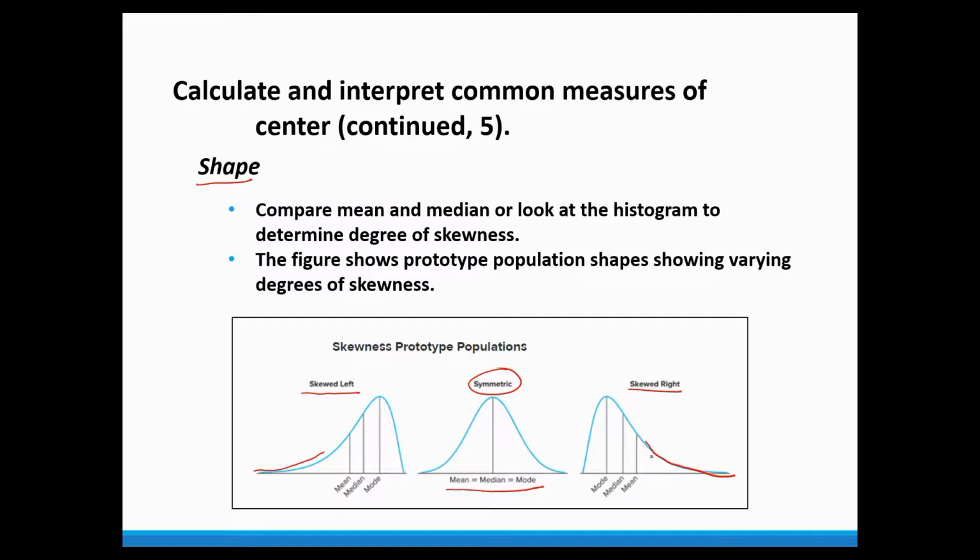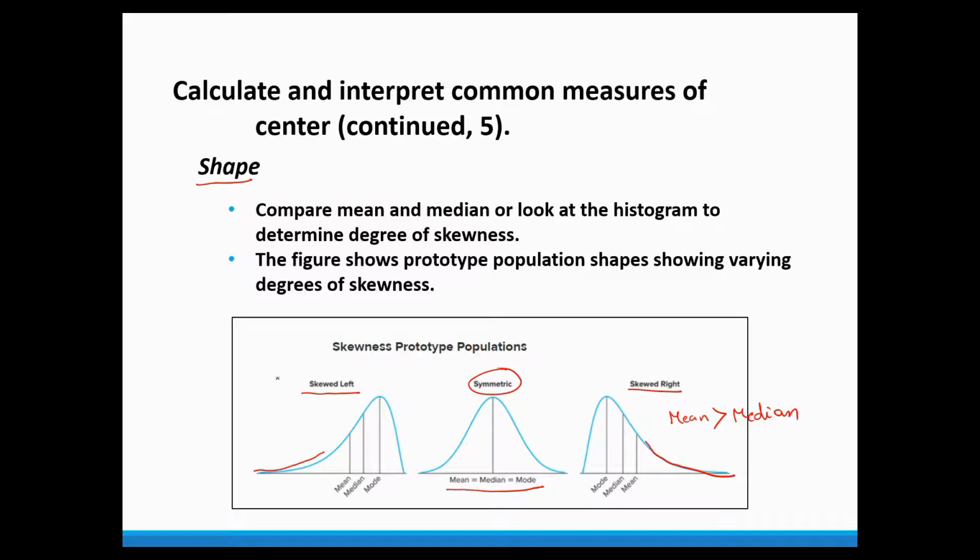If the tail is long at the right, it's skewed to the right. If the tail is long at the left, it's skewed to the left. For the skewed right shape, the mean is larger than the median. So the mean in this case is greater than the median.